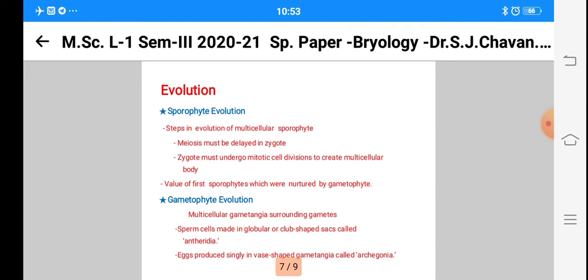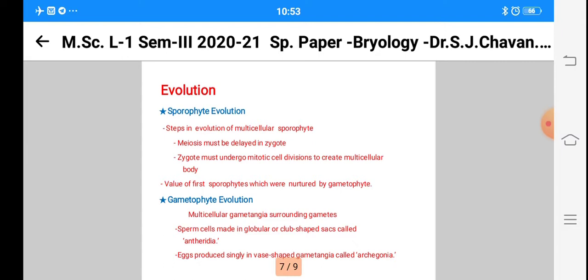For sporophytic evolution, the steps in evolution start from a multicellular sporophyte. Meiosis must be delayed in the zygote, and the zygote must undergo mitotic division to create the multicellular body, that is the embryo.